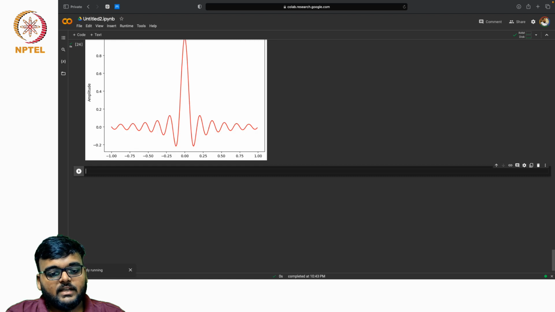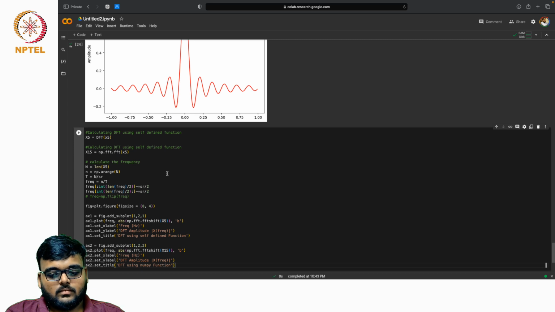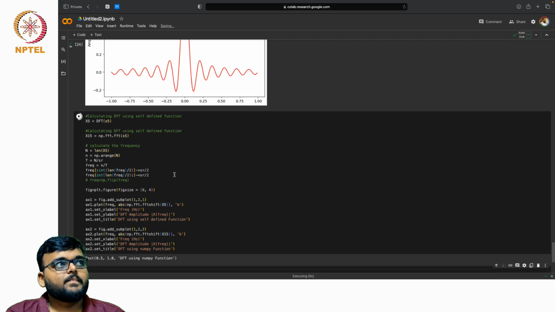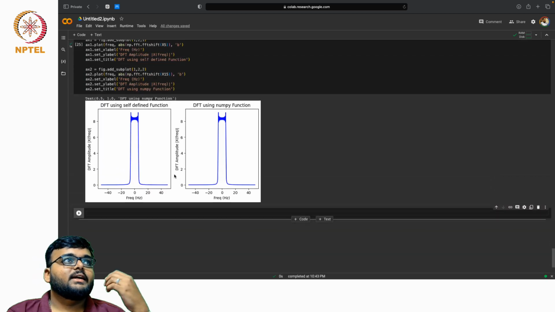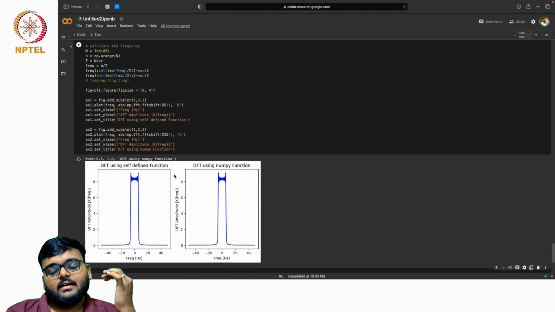If you define a sinc function, let's try to calculate the DFT. So what we are getting is nearly a square wave.